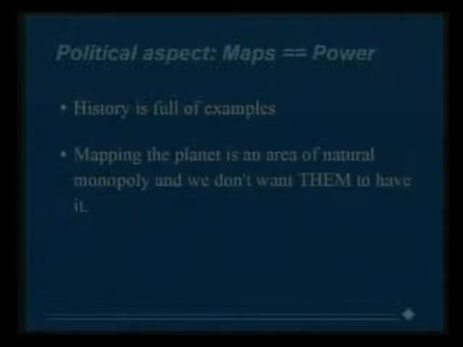Mapping the planet, creating the street map of the whole planet, is a kind of an area of natural monopoly, where economists speak of a natural monopoly when it doesn't make economic sense for two people or two companies to do it, right?